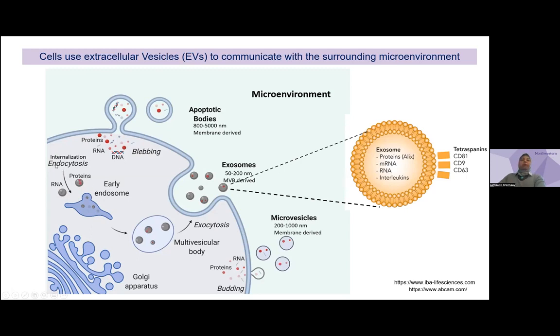Starting from endocytosis of proteins and RNA, these endocytic vesicles are delivered to the early endosomes, which fuse with each other and result in the formation of late endosomes or multivesicular bodies. These bodies either release the exosomes by fusion to the cellular membrane, or their contents are degraded if they fuse with the lysosomes.